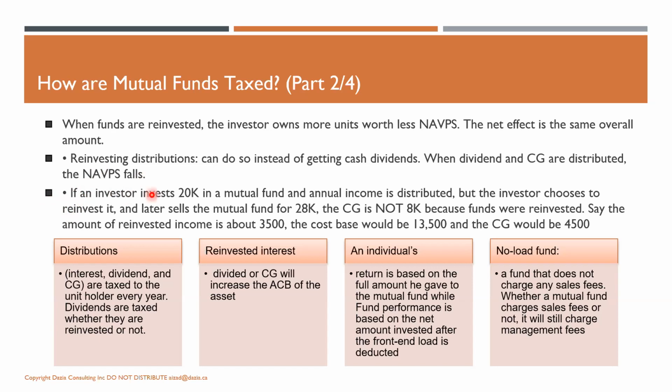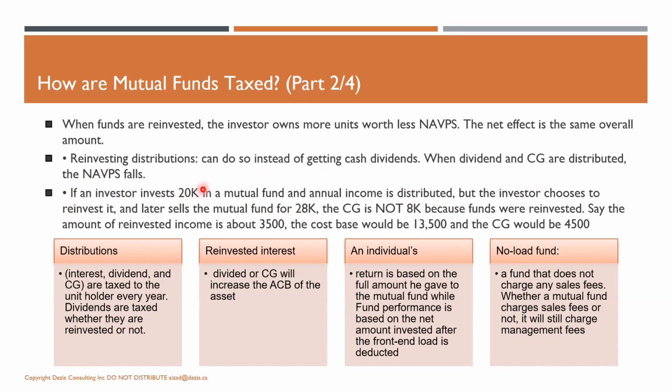If you invest $20,000 in a mutual fund and the company gives you some distribution, some annual income, and later on you sell the mutual fund when it was worth 28,000. Let's suppose this was after a couple of years.